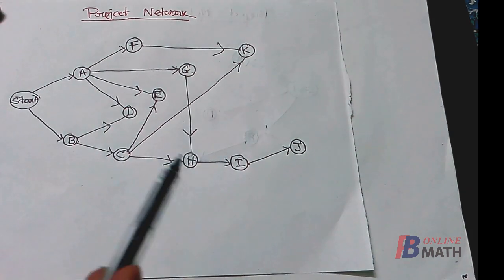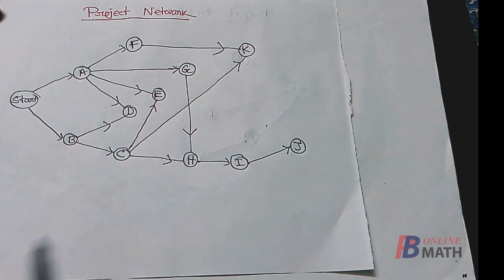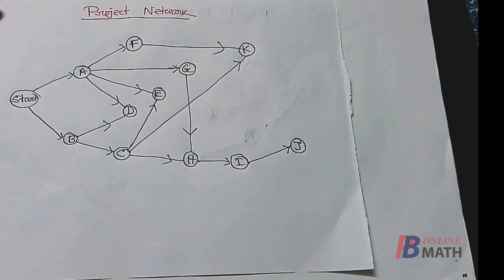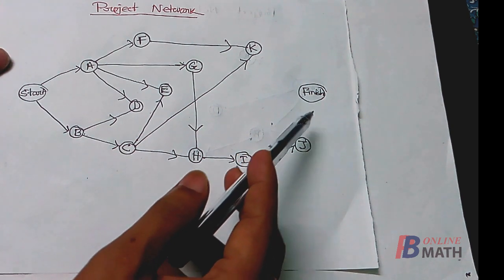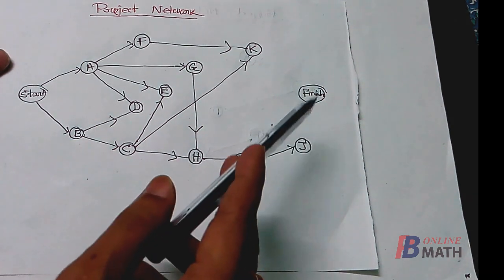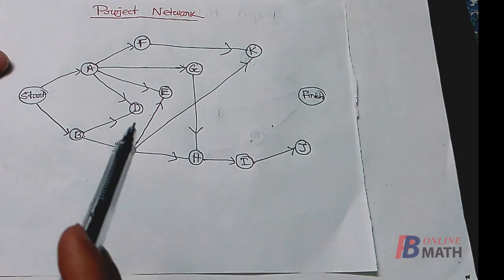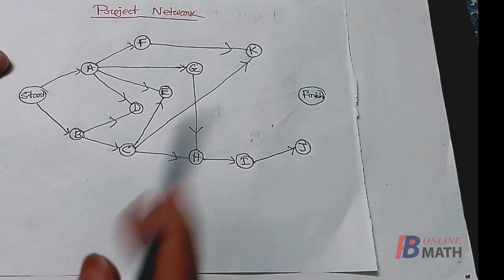So these are the possible activities of the project which have to be completed. Now once the activities are done, then the final node will be the finish. Here is the last node, that is finish. It does not represent any activity, but it is the finishing node. Now we shall connect all the activities with no successor to this last node finish.